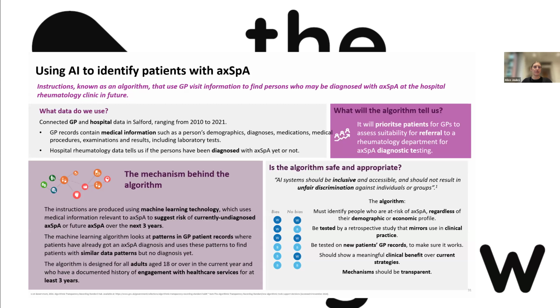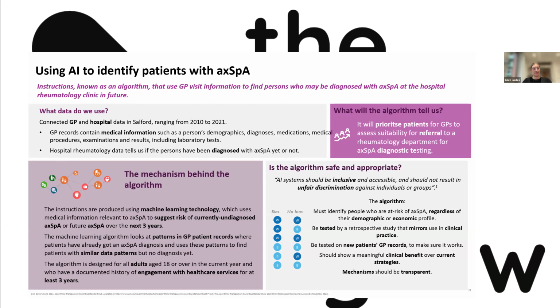So how exactly does the algorithm work? And this is described in the bottom left-hand side box just here. And again, as John was saying, the algorithm searches for patterns in GP records that are commonly found in patients with an axSpA diagnosis.